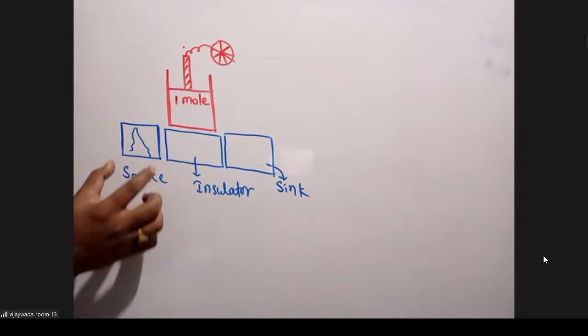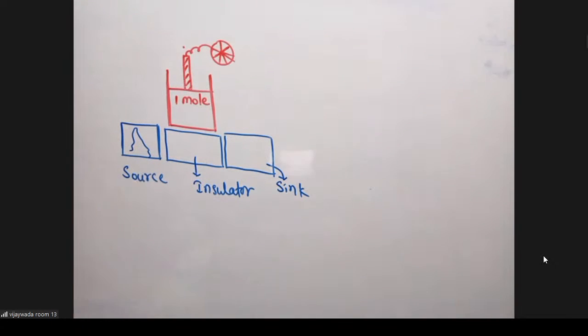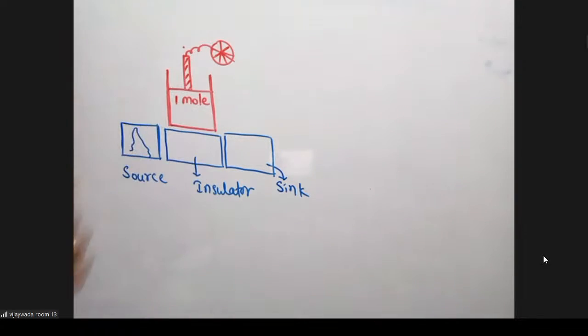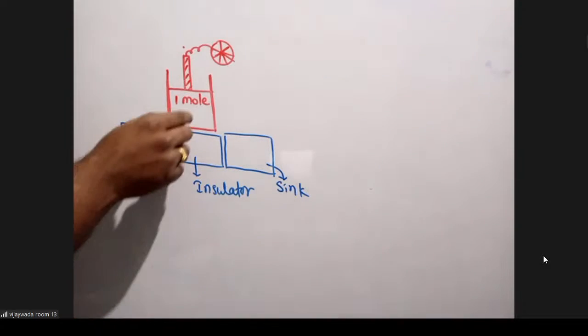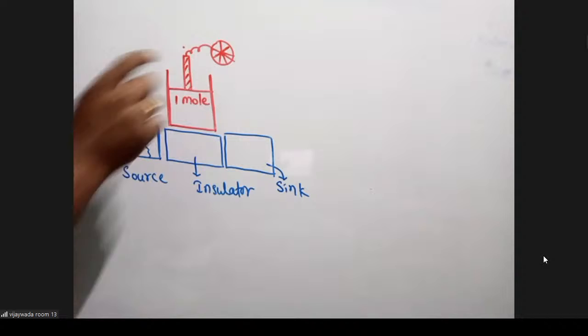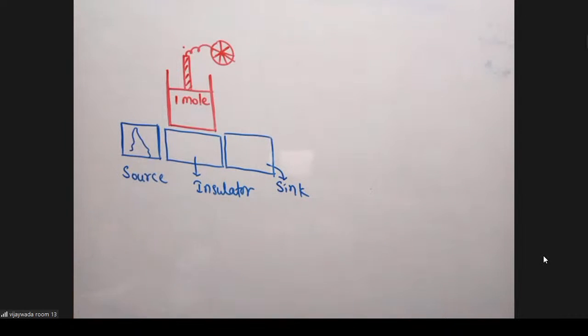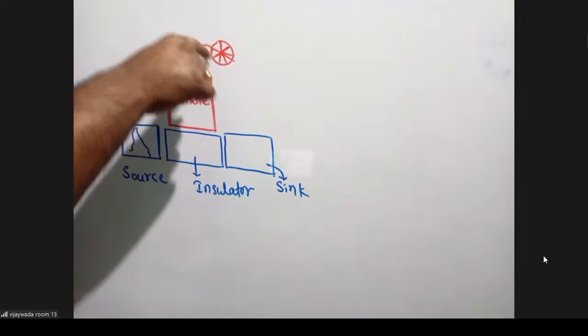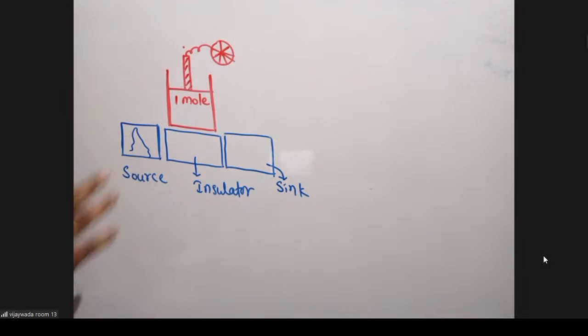When the source is moved to this position, some amount of heat transfers to our system. So immediately the system would increase its temperature. To keep the temperature constant, the piston moves to a higher level because volume increases, and the temperature falls back. So the piston moves in the upward direction, and the wheel rotates like this. That is the first process, the isothermal reversible process.